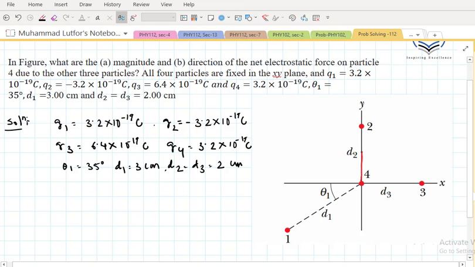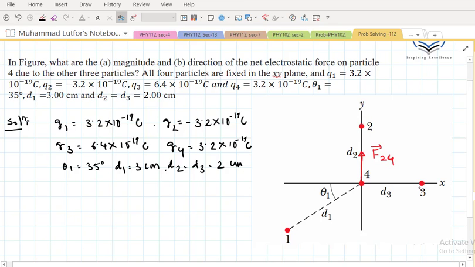This is the force on 4 due to 2, so I'll write F24. Since Q4 is positive and Q2 is negative, Q2 will attract Q4 towards itself. So that's why F24 will be towards the positive Y direction.